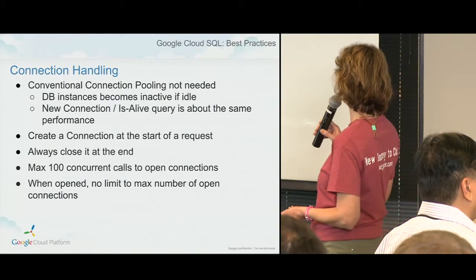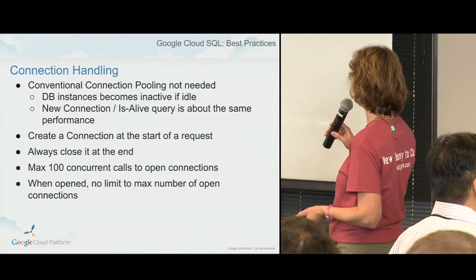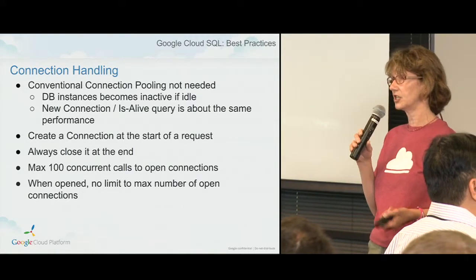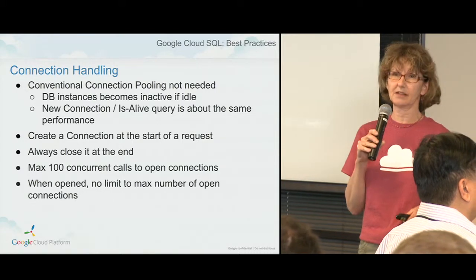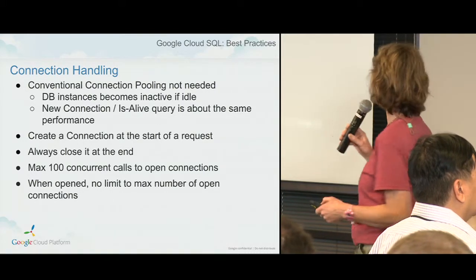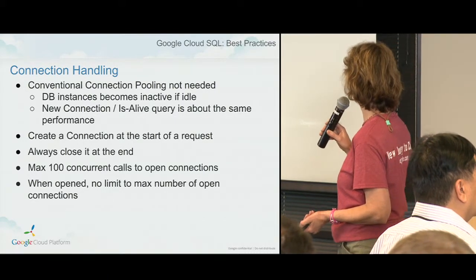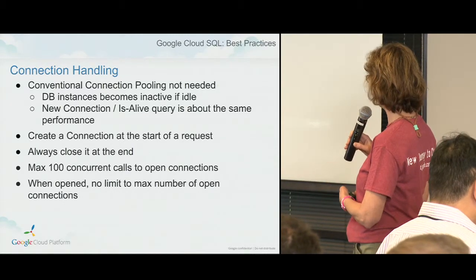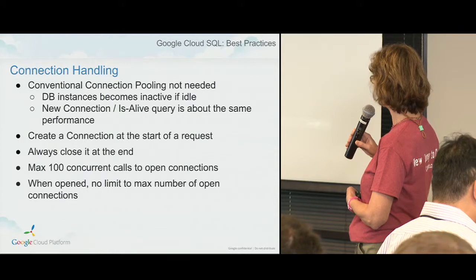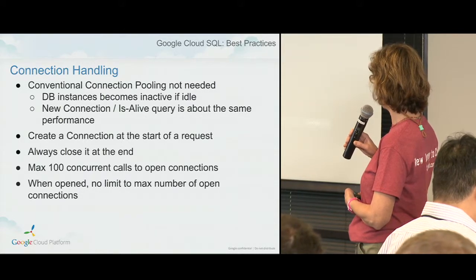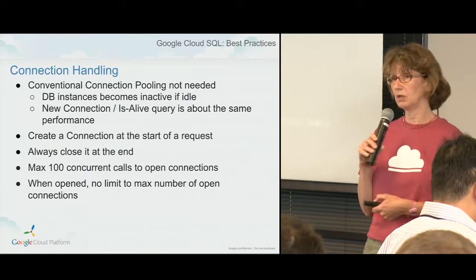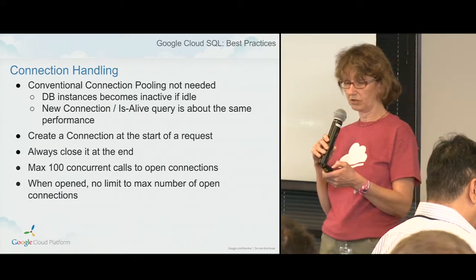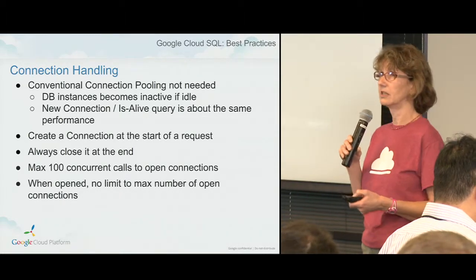In tests, it turns out that using a new connection versus keeping the connection alive and reusing it takes about the same amount of time. You create a connection at the start of a request, you close it at the end. I think this data here, the max 100 concurrent calls and then the unlimited open connections, will apply when the MySQL wire protocol comes out.